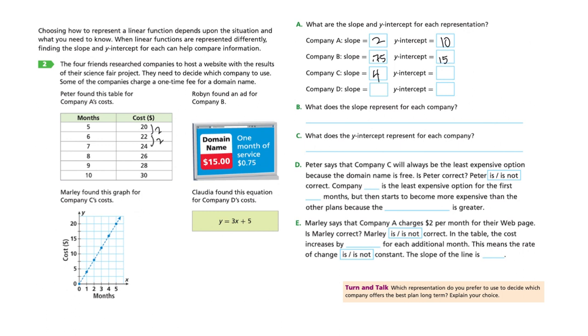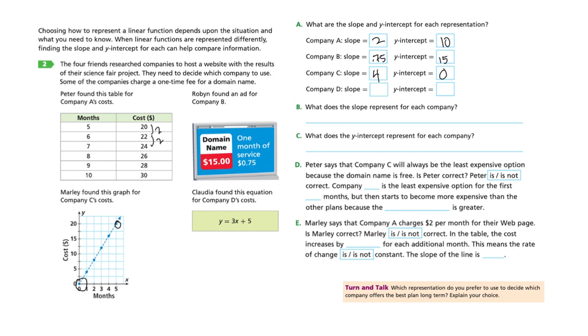That's the change. And it's hard to see on the graph because they have increments of 5, but there's a space in between, so 2.5, 5. You can kind of tell, but then when you get up to 5 months and it's at 20, you can see that's right on the 20, and you know 5 times 4 is 20. The y-intercept is 0 because it starts right at 0.